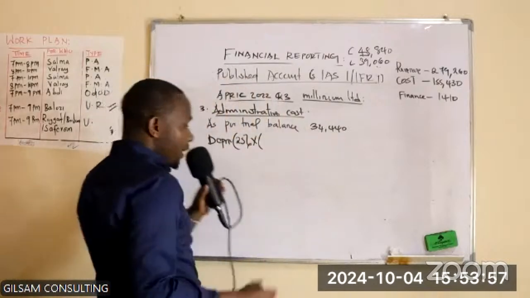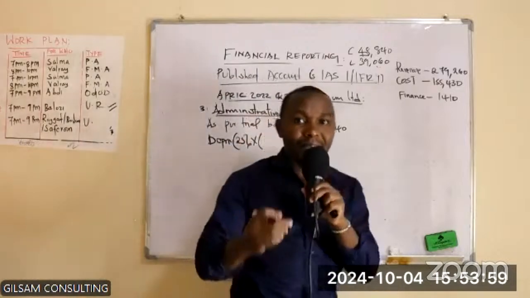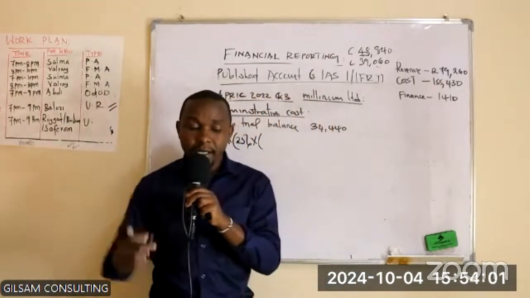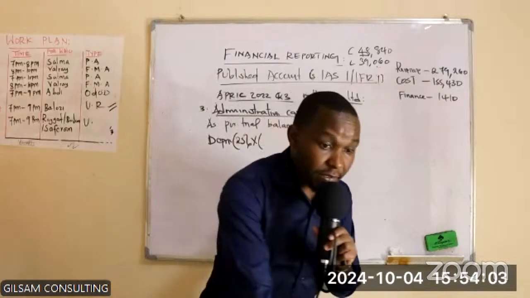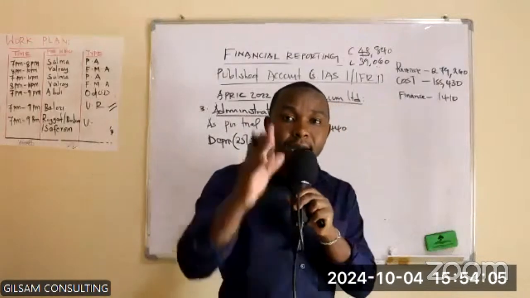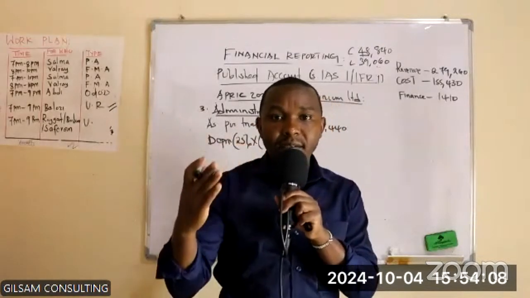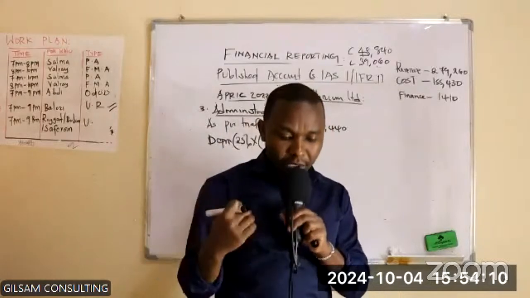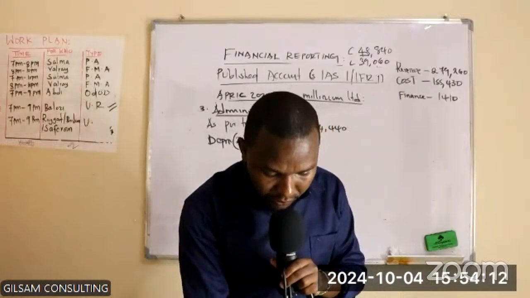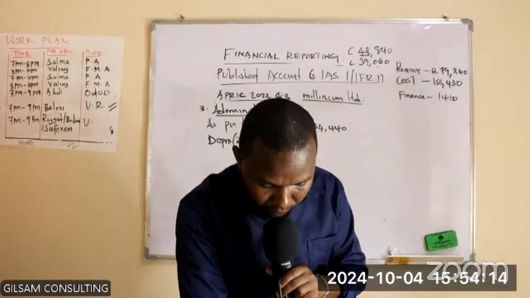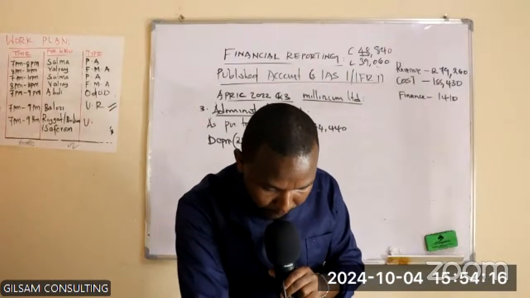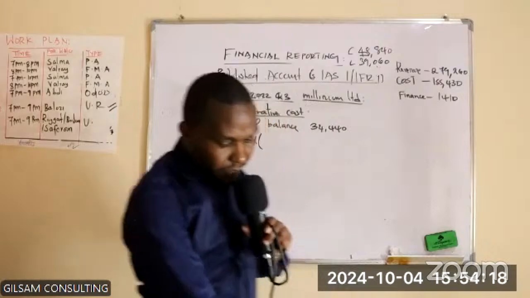When you say on a reducing balance, we multiply by the net book value of the asset. What is the net book value? You take the cost minus accumulated depreciation. If you go back to your trial balance, you can see the cost of 35,000.